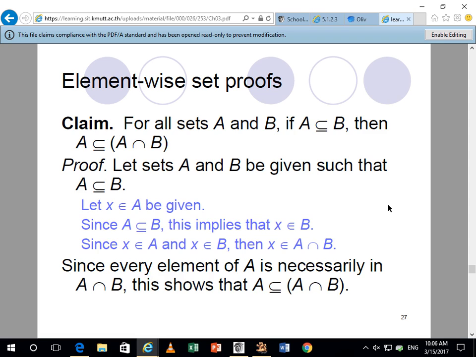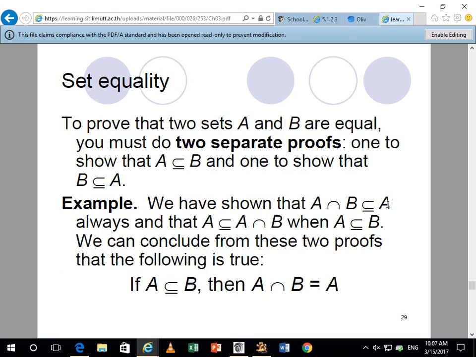So for this, this shows us this. If A is a subset of B, then this is true. So in this example, we said, we have shown this is true in the first proof, and then we show this is also true if we have A is a subset of B. Then we can conclude, are they equal?